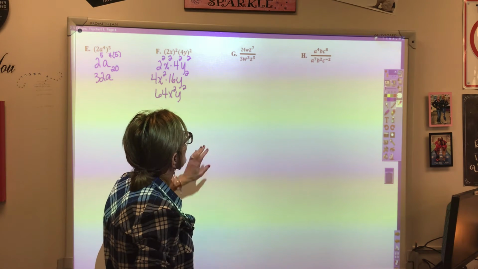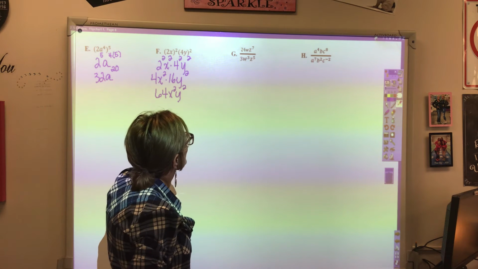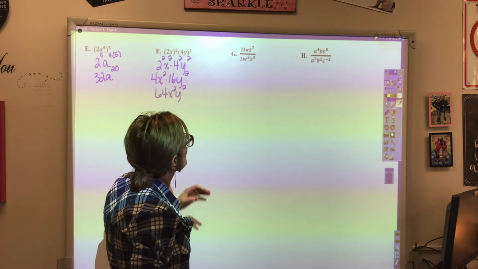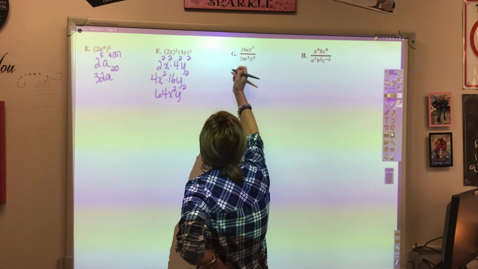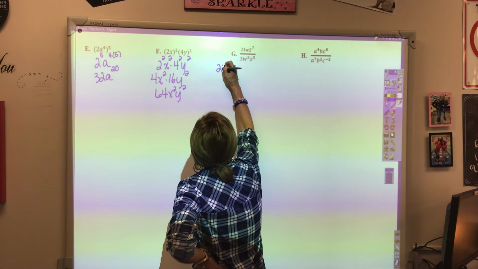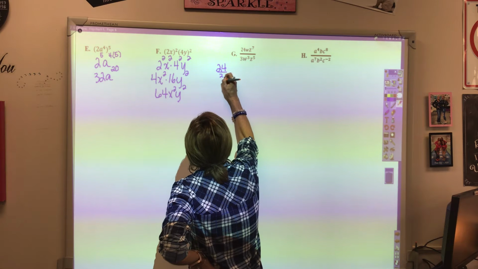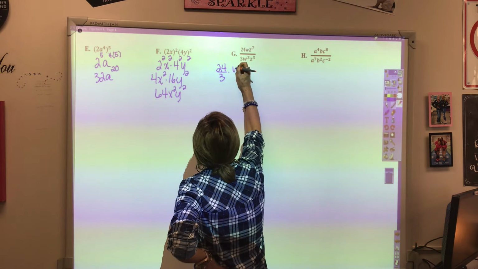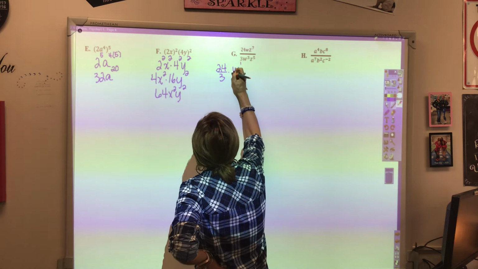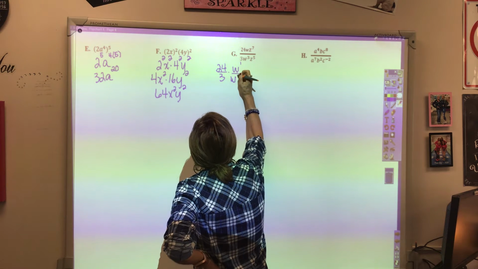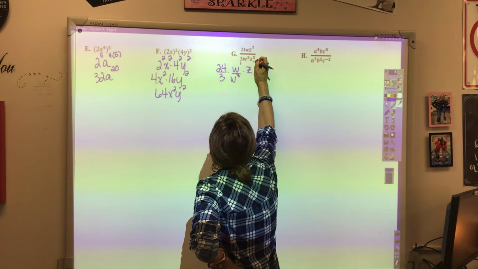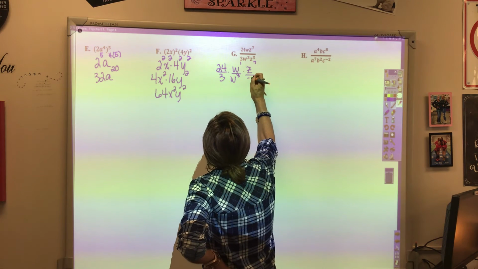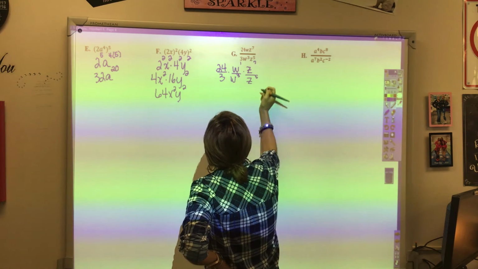Now when you're working with the quotient rule, my suggestion would be to separate it out. In other words, write it as 24 over 3 times w to the first over w to the third times z to the 7th over z to the 5th.